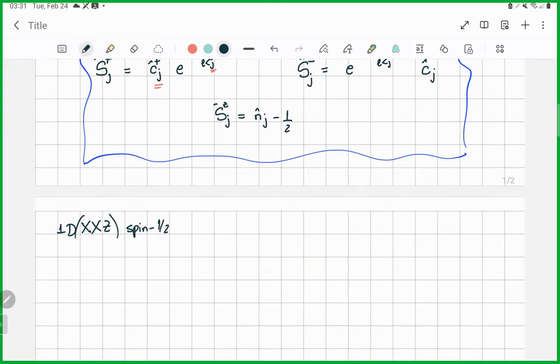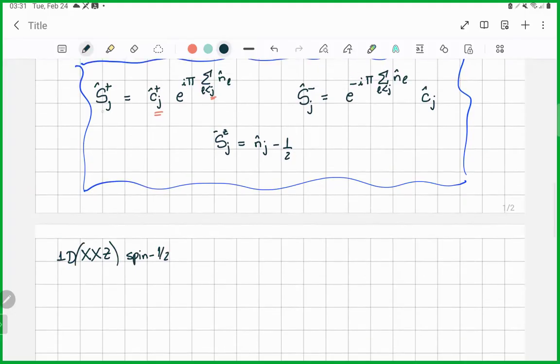And I'm going to write it already in terms of lowering and raising spin operators, so then we can directly apply this mapping that we wrote there. So this Hamiltonian for this XXZ model can be written like this. J is the site.